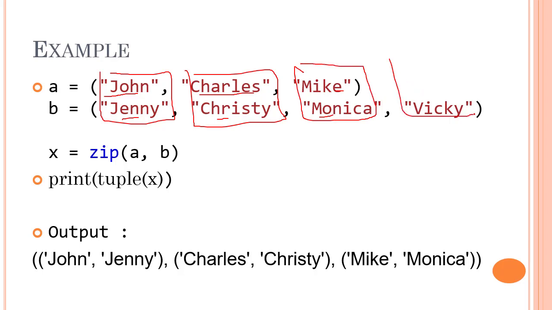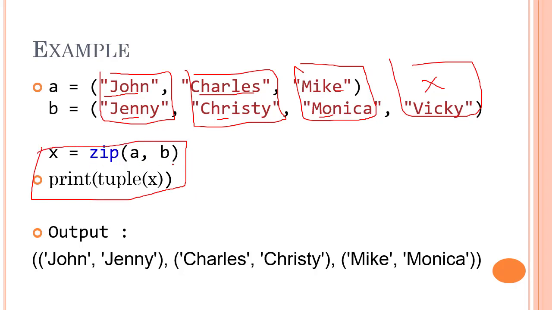Now this one will be removed. Why? Because as I told you in the definition, whichever iterable has the least amount of values in it decides the length of the new object that we are getting. So this is how we are going to zip.